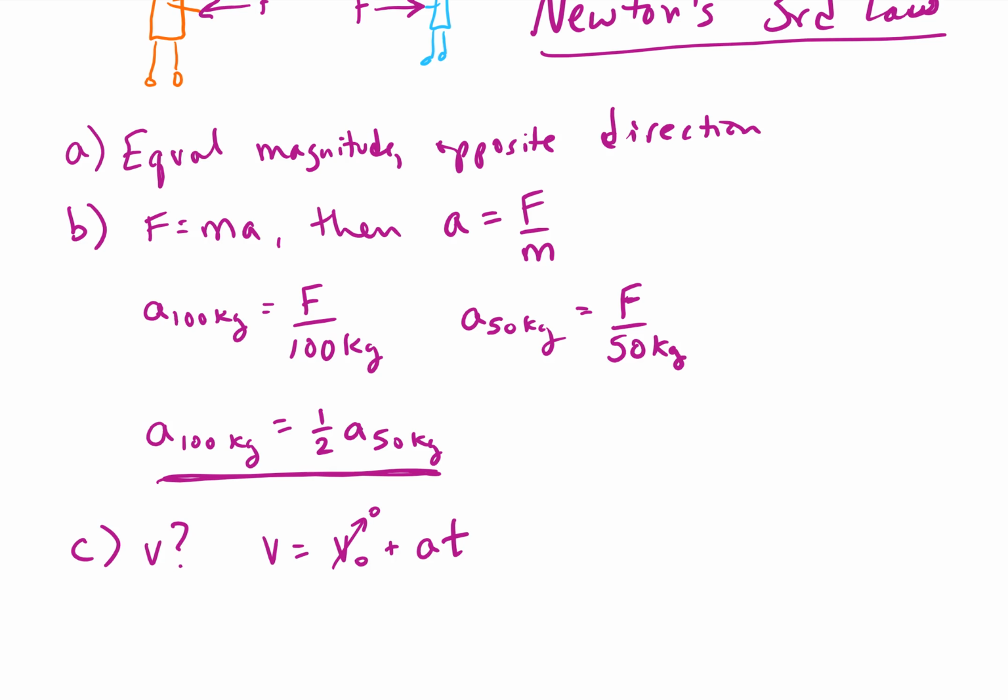So if the acceleration of one is half as large as the acceleration of the other, then the final velocity of the one is going to be half that of the other. So the velocity of the 100 kilogram skater is going to be half that of the 50 kilogram skater.